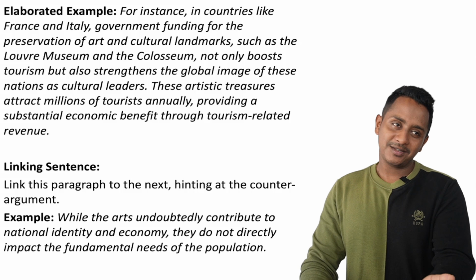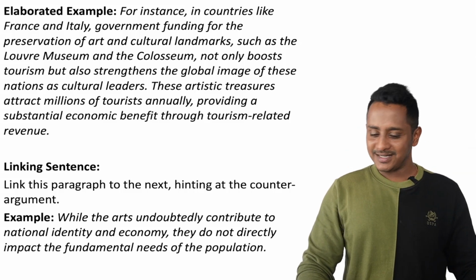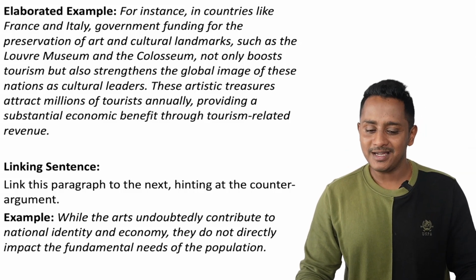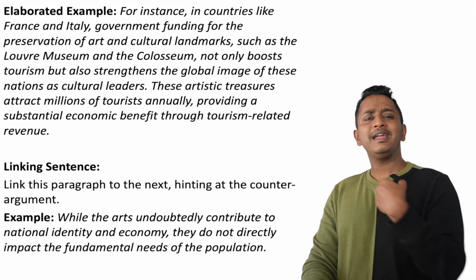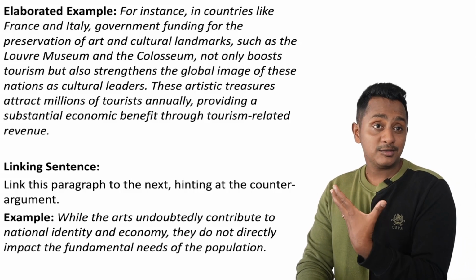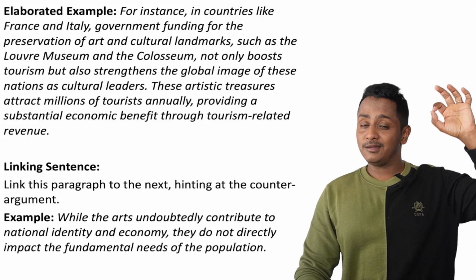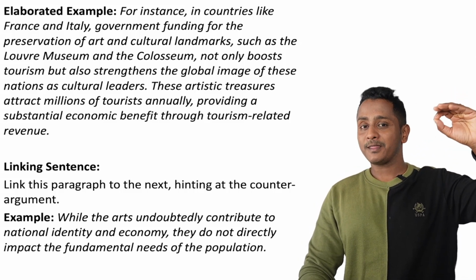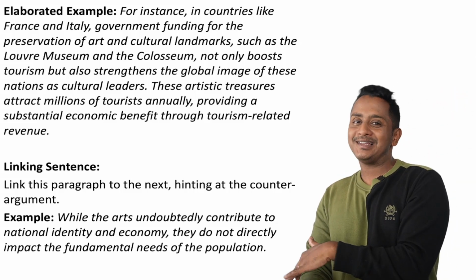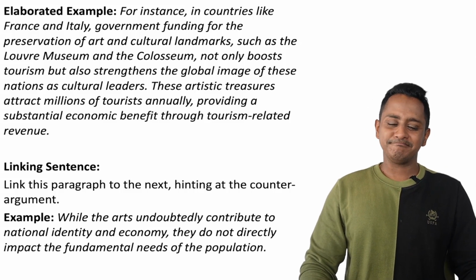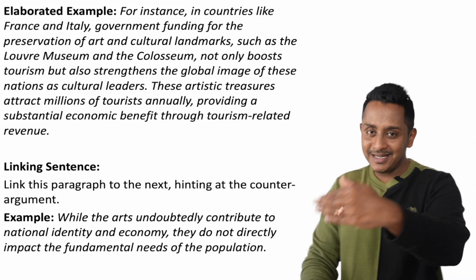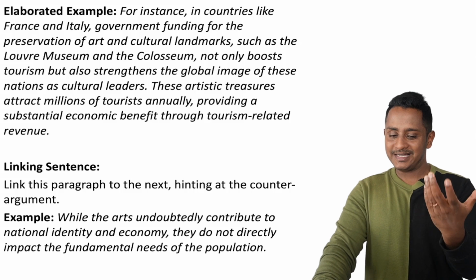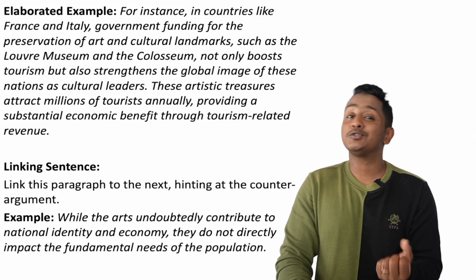This is not mandatory. Since you already gave your opinion in paragraph 1, the introduction, that government should invest not in arts but somewhere else, it is justified to hint with a trailer saying they do not directly impact the fundamental needs of the population.